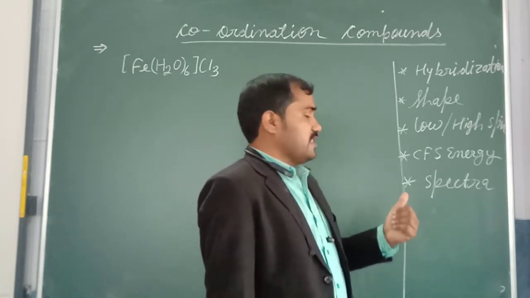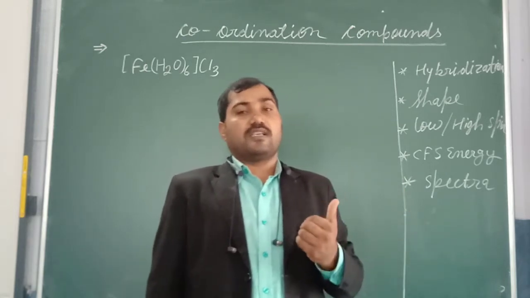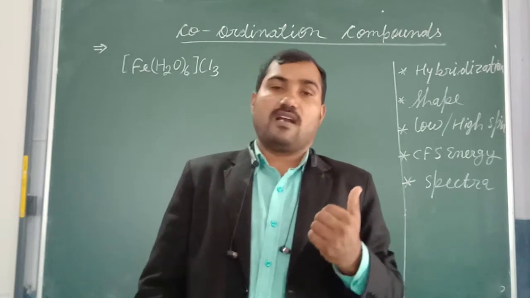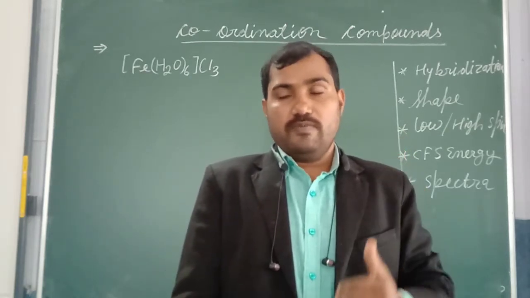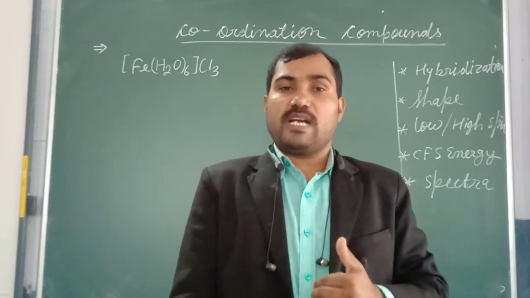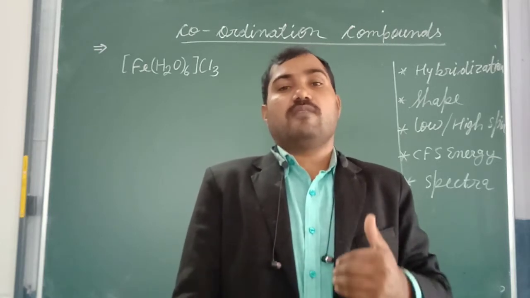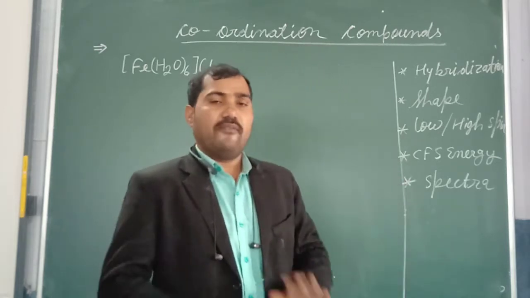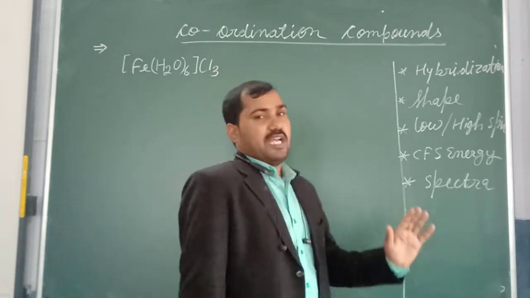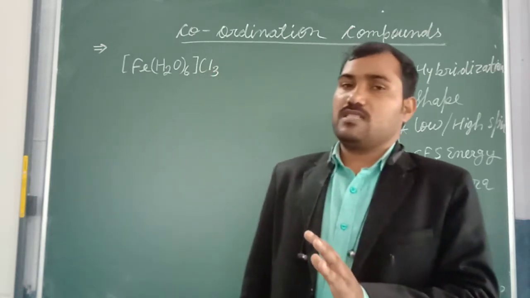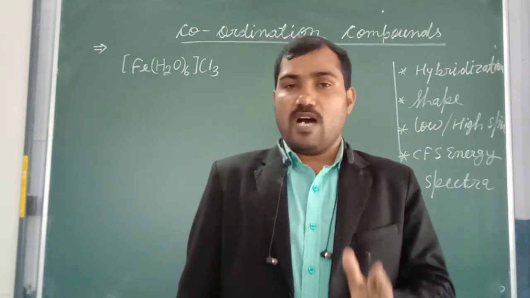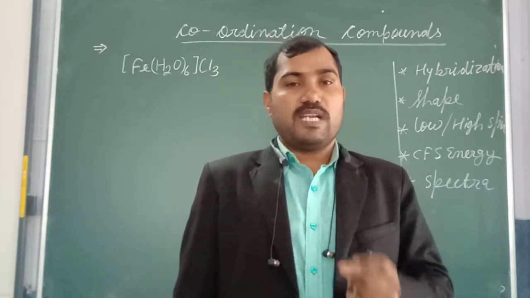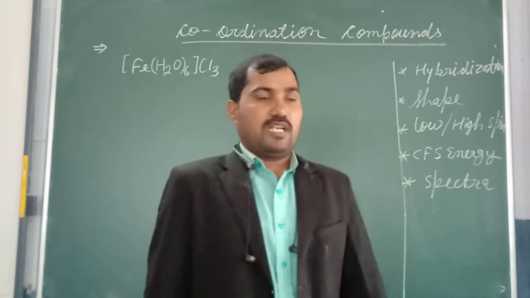After that we will see the spectra, whether the given complex is colored or colorless, and how we explain the formation of color for the given coordination complex. Everything we will discuss with this example, which means near about half of this chapter we will complete with the help of a single example only.